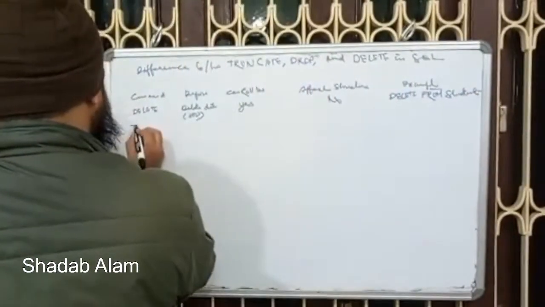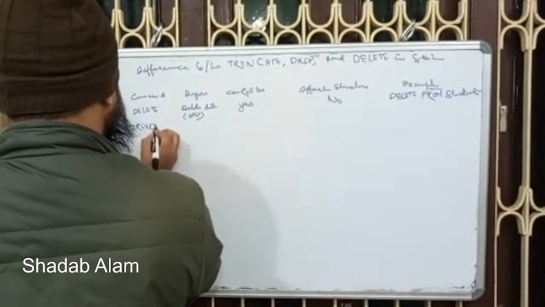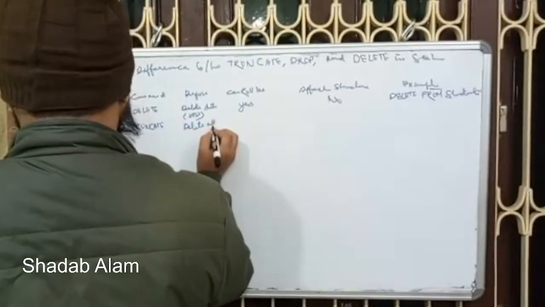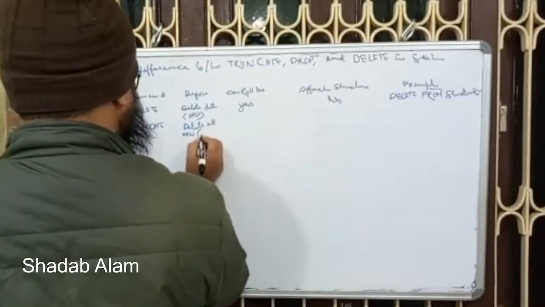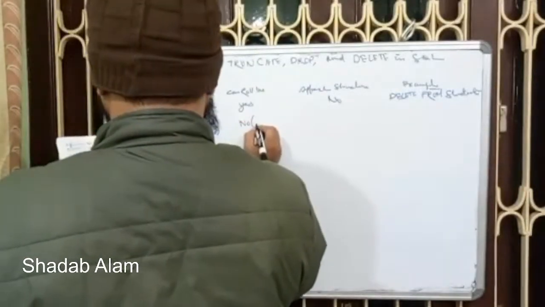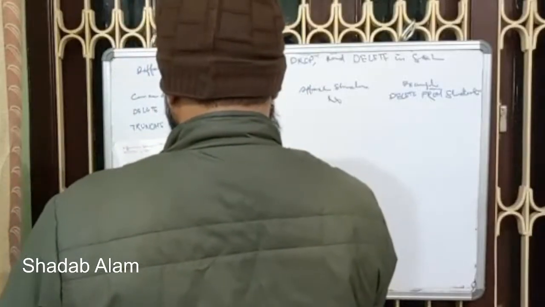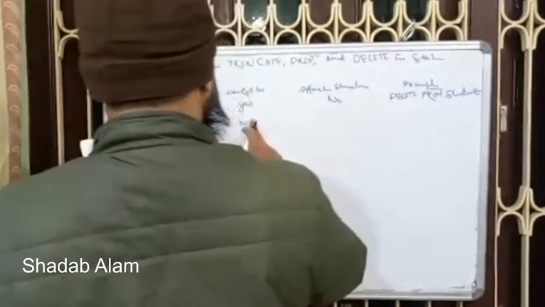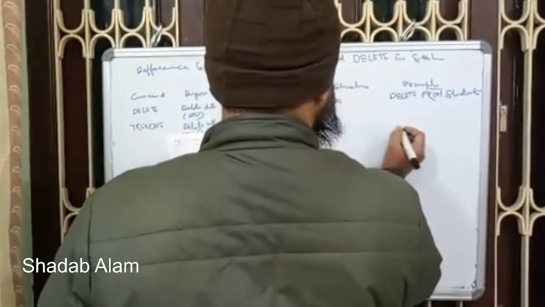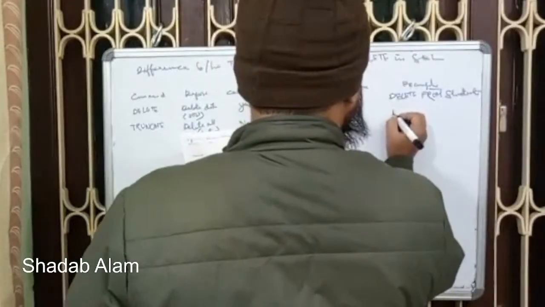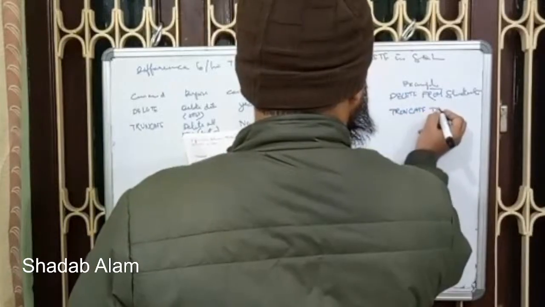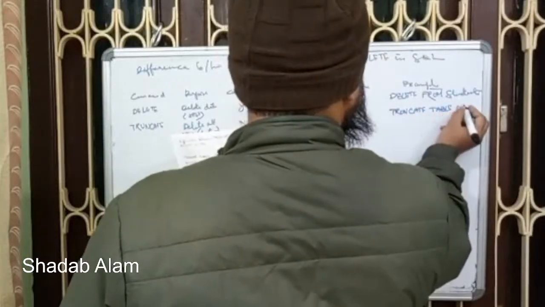TRUNCATE deletes all rows faster, example: TRUNCATE TABLE Students.